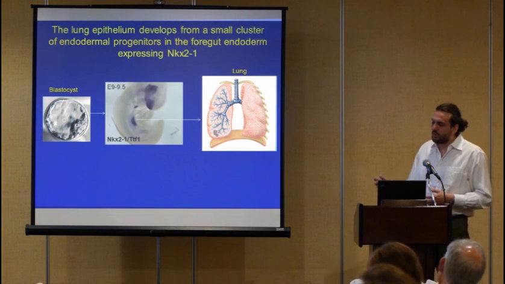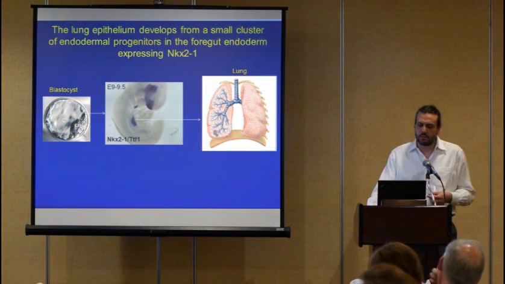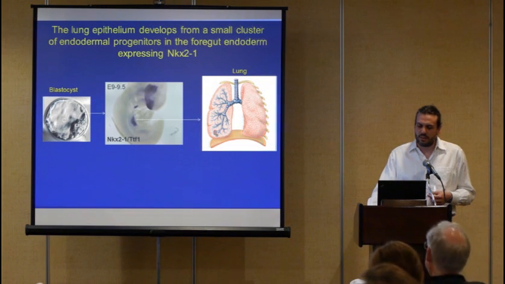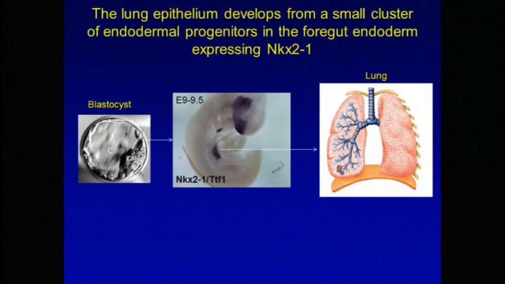We know that from a blastocyst, we can derive cells from the inner cell mass that become cells in the lung, and then these cells eventually give rise to the whole organ. And we know from developmental studies that the very first cells in the lung, what we call a lung primordium, express a protein known as TTF1 or NKX2-1.